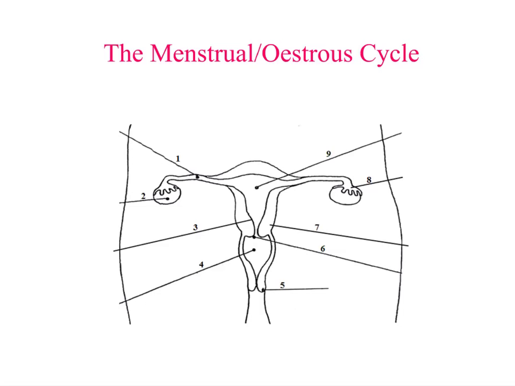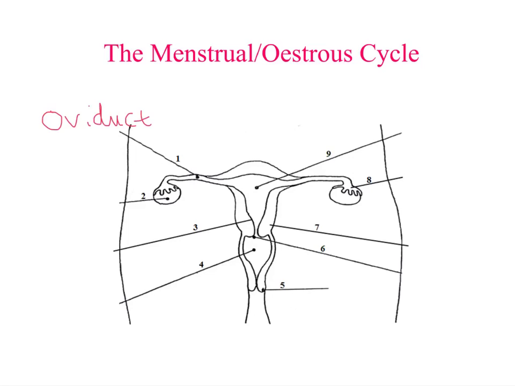So let's start here, first of all, with our basic female anatomy and go through the names because we're going to be referring to some of these in this discussion. So if we just follow around from numbers 1 to 9. Number 1 is what's called the oviduct.